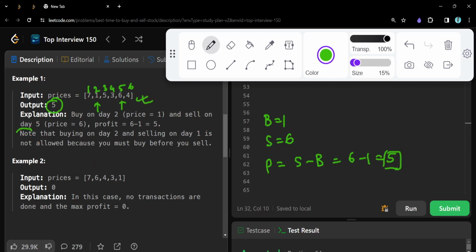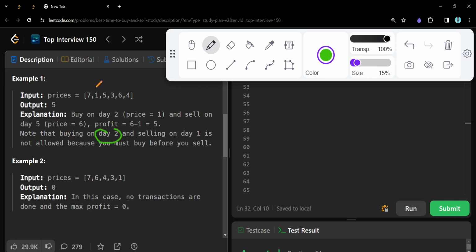And here note, if we read carefully, that buying on day 2 and selling on day 1 is not allowed. Okay, let me explain this thing. So what they are saying over here, this is day 2, this is day 1.